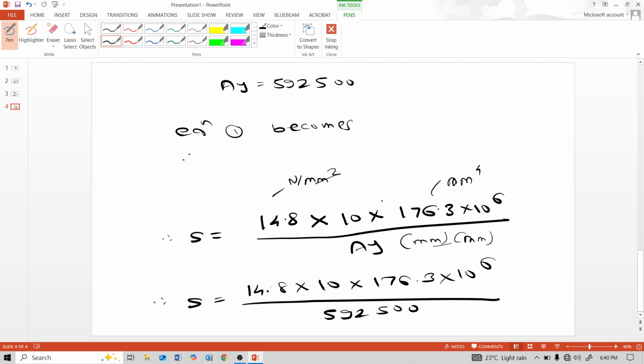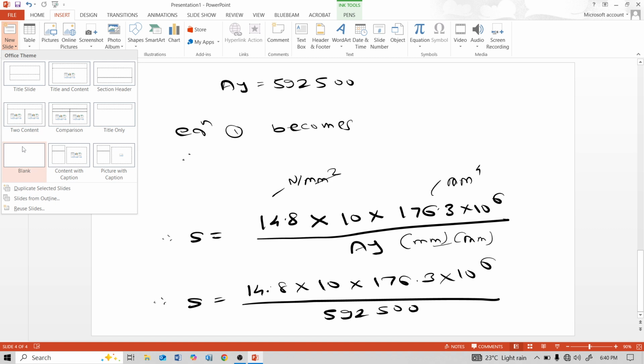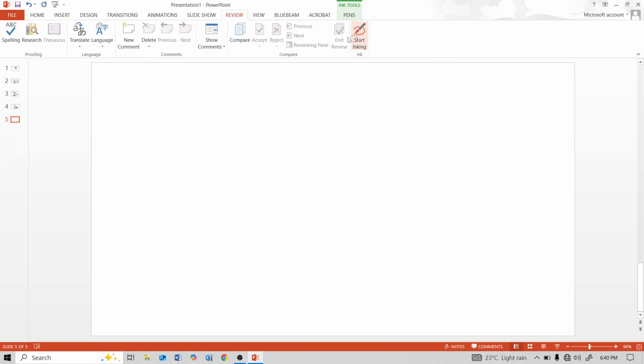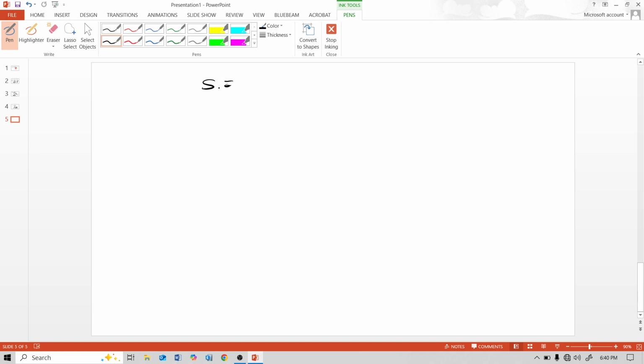The unit of shear force is Newton or kilonewton. 44 into 10 raised to 3 Newton, and S is equal to 44 kilonewton.